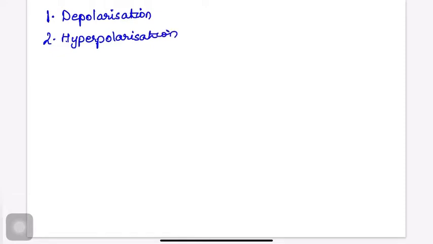To understand some terms: what is depolarization? What is hyperpolarization? We shall understand these two terms first. To understand depolarization and hyperpolarization, we should first know what the polarized state is.